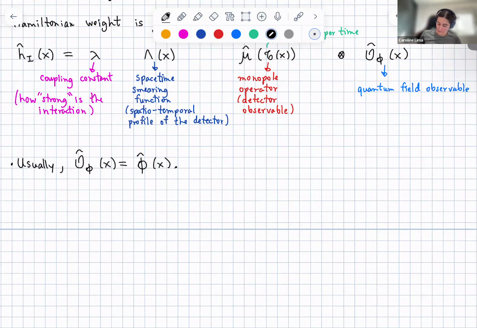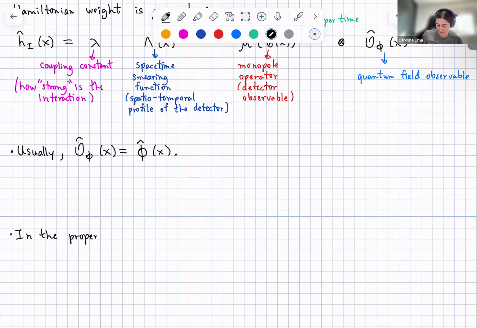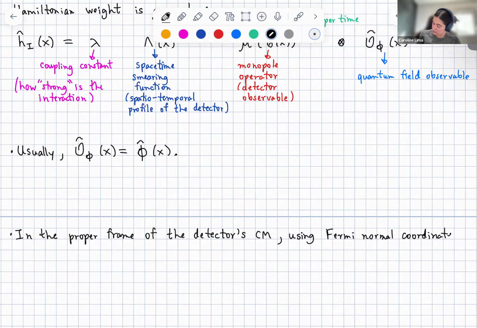Now, in the proper frame of the detector, or most correctly, the detector's center of mass, we can use Fermi normal coordinates, which I would denote by tau, x bar.